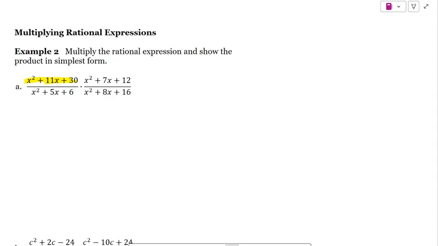This is going to factor into x plus 5 times x plus 6. Moving down to the denominator there, we'll have x plus 2 and x plus 3. Let's go to the next fraction.